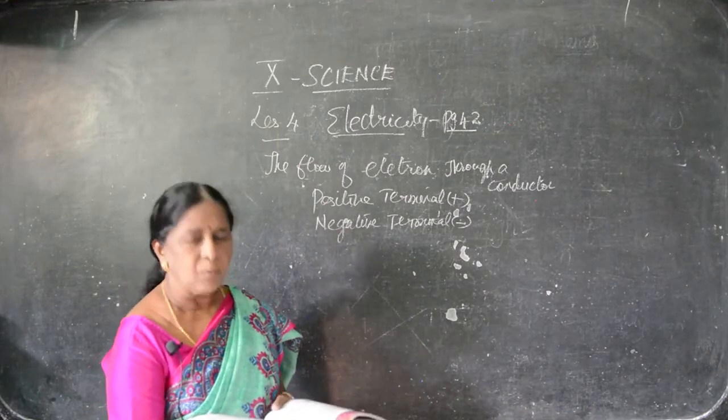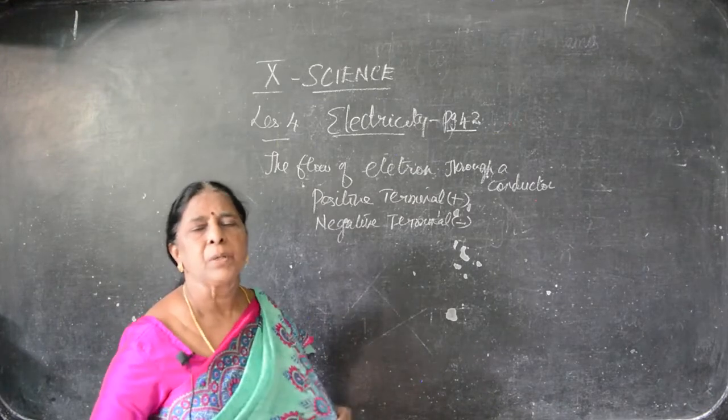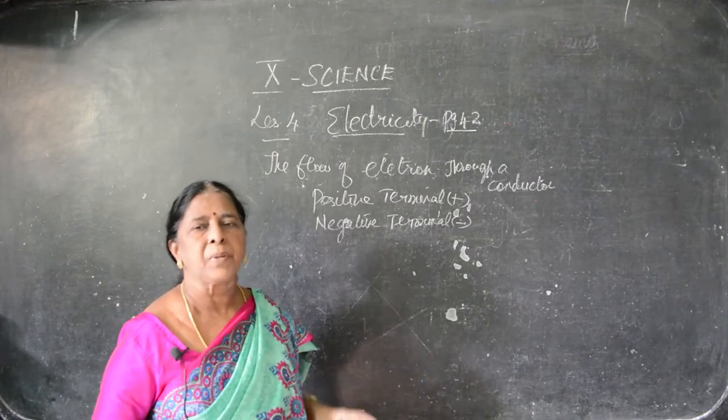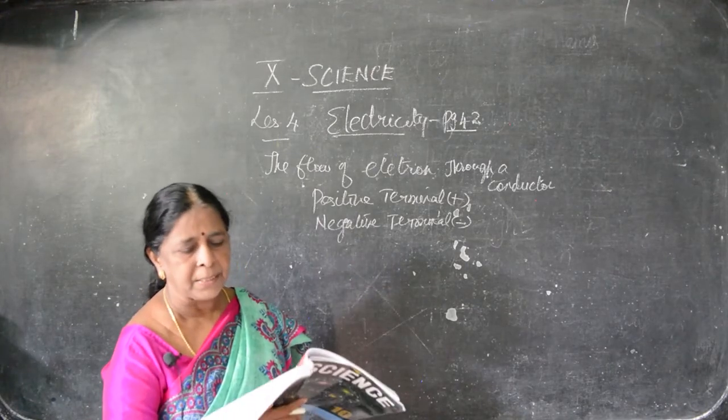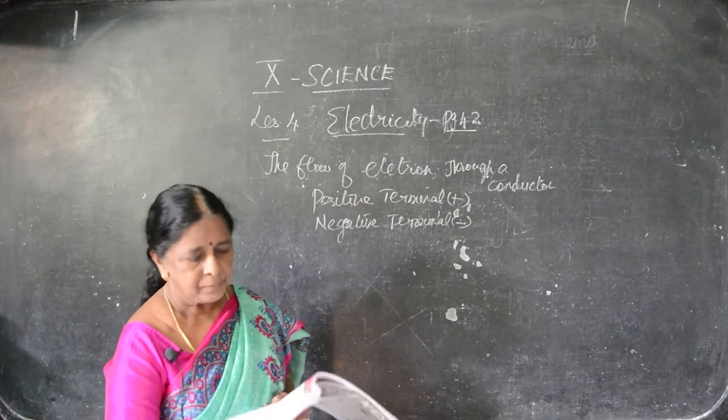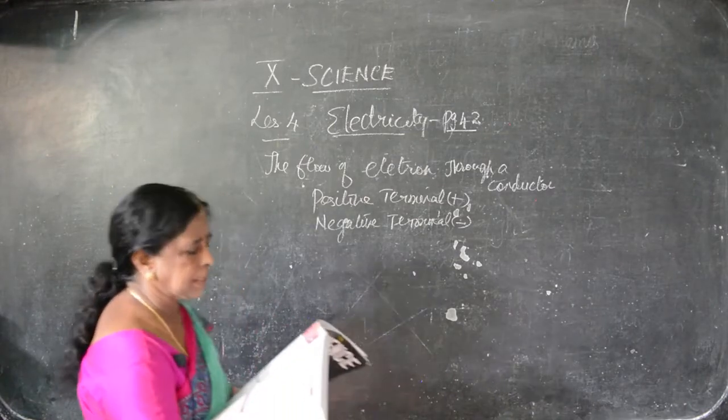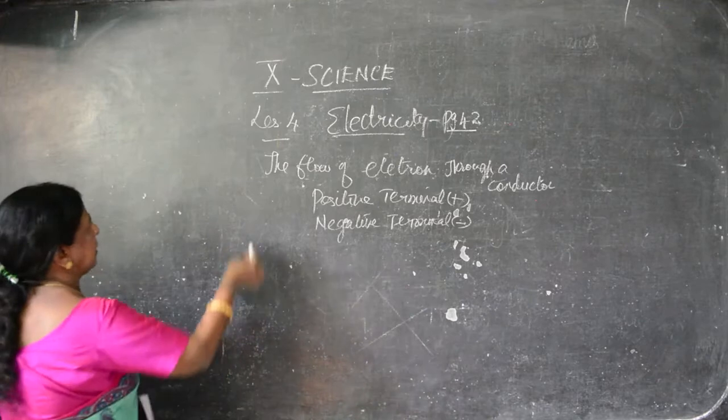So now we have to see what are the units. Everything we have to measure, even electricity, electric power, potential difference, everything. The unit of electric current is ampere. We'll write the units here.